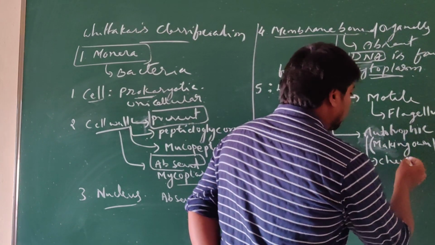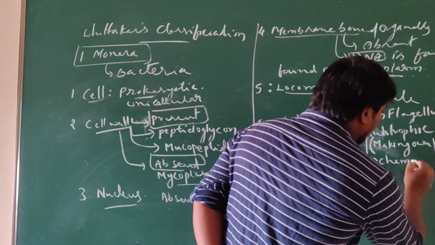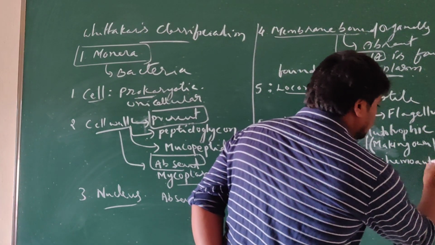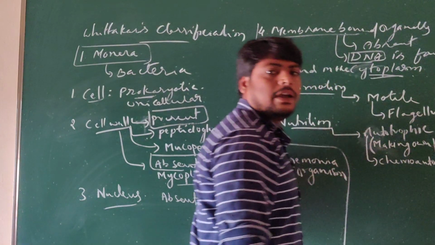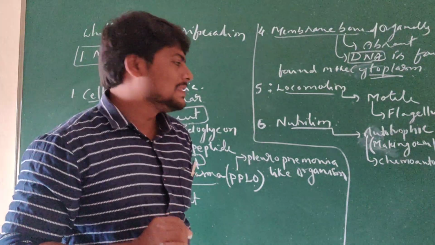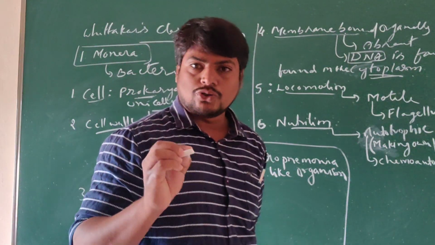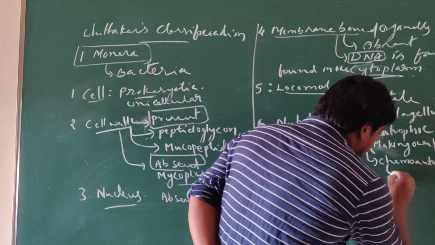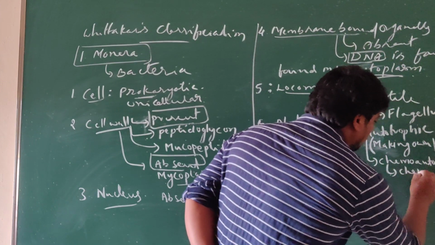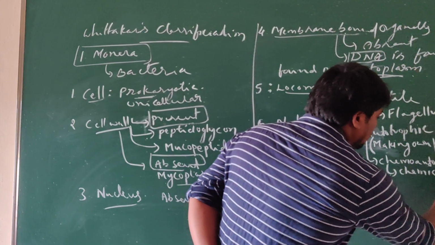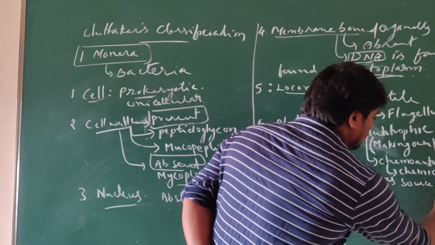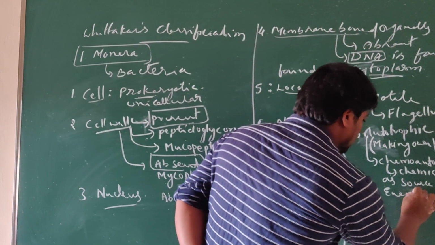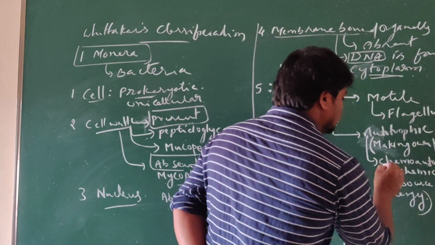And so this type of nutrition is called chemoautotrophism. Why is it called chemoautotrophism? Because they use chemicals as a source of energy.